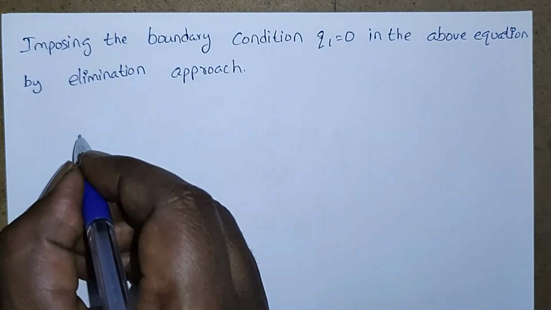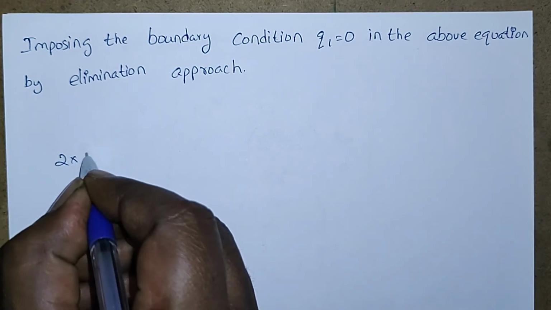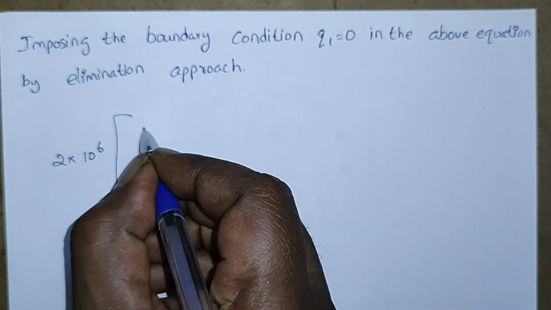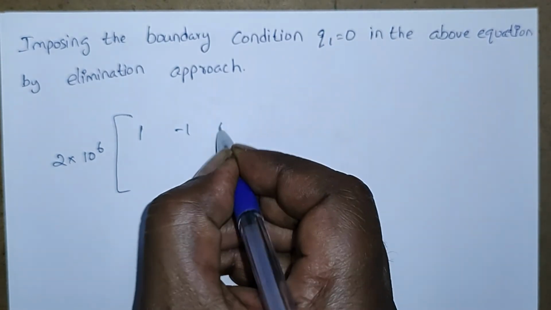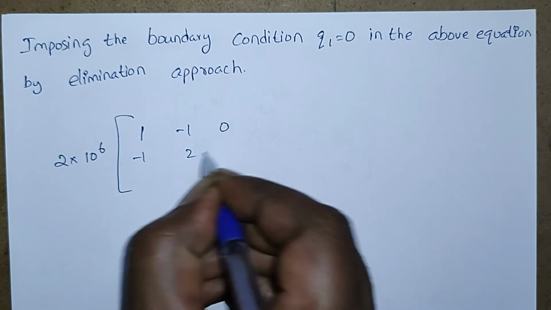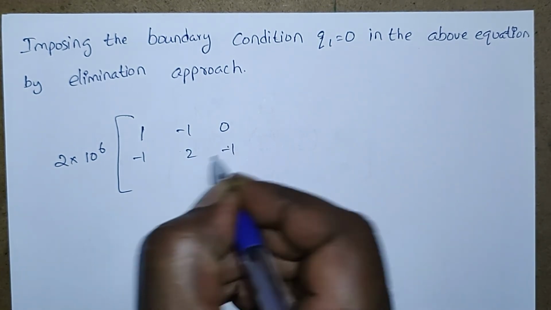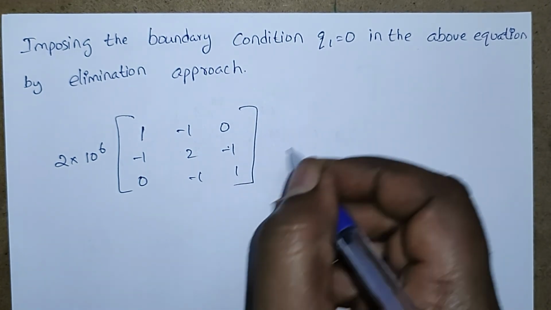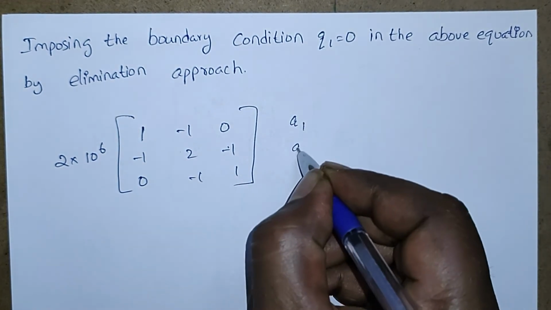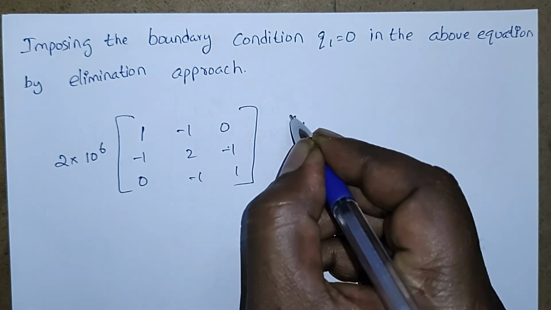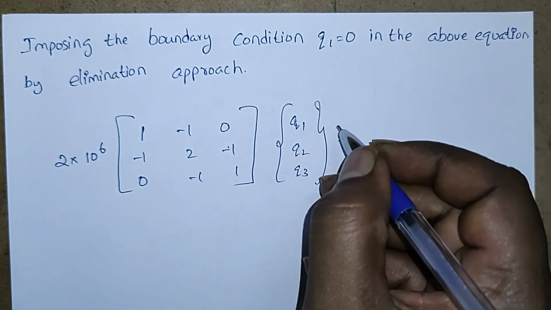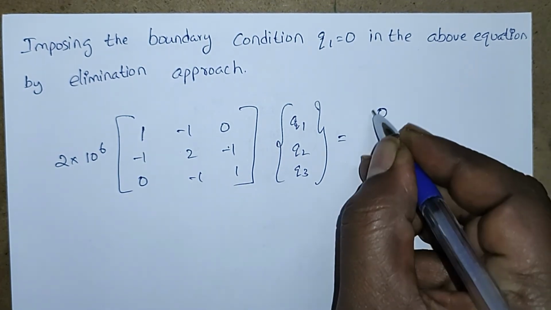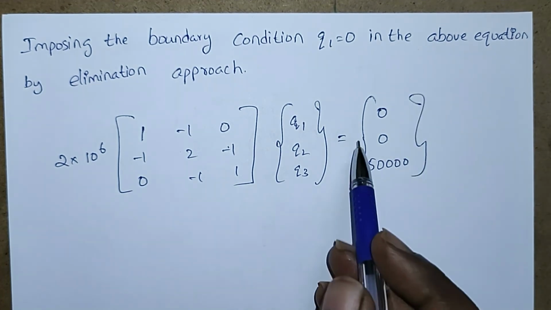So what we are writing here is the same matrix: 2 into 10 to the power 6 times [1, -1, 0; -1, 2, -1; 0, -1, 1] into [q1, q2, q3] is equal to [0, 0, 50,000].